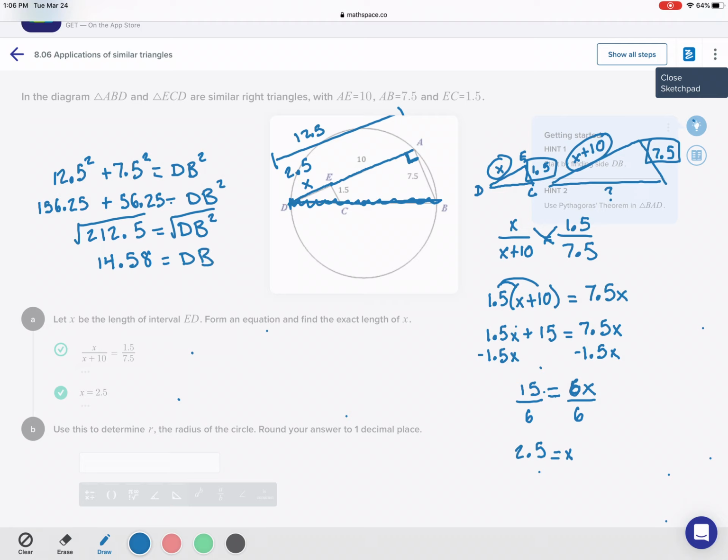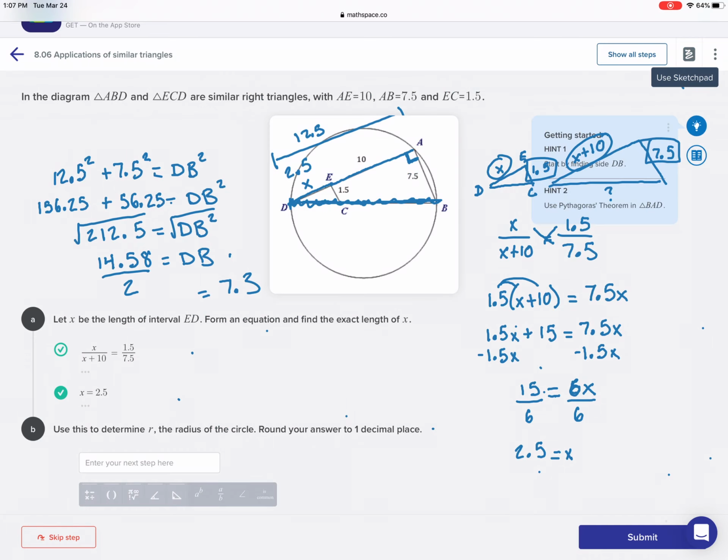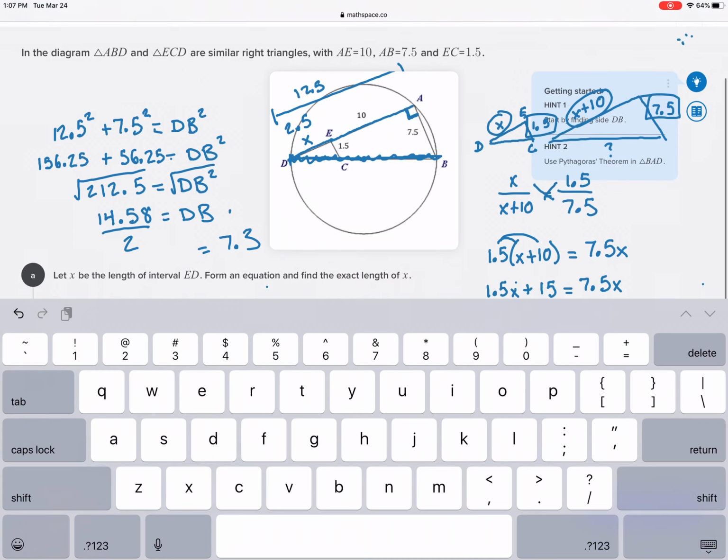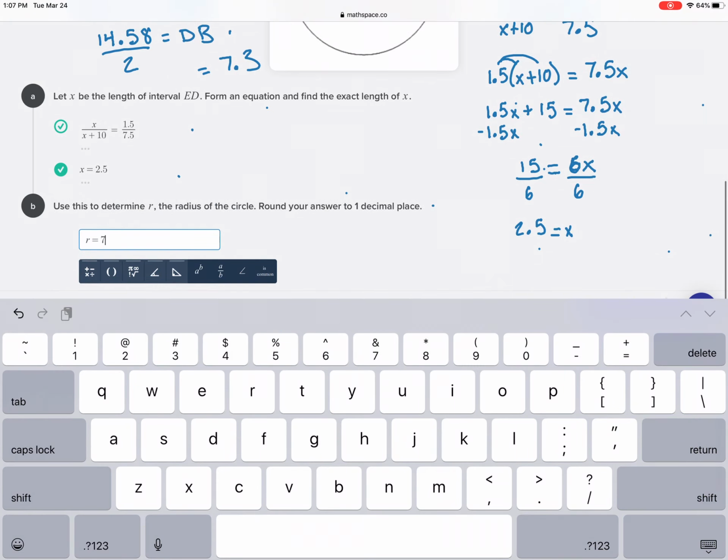The radius is going to be half of this length, so I'm going to take this and divide it by 2. And we get 7.3 when we round it. r equals 7.3.